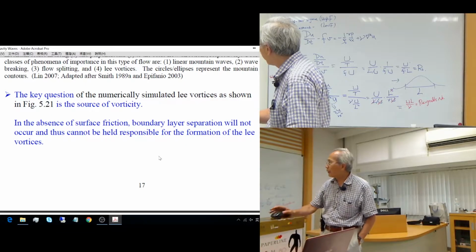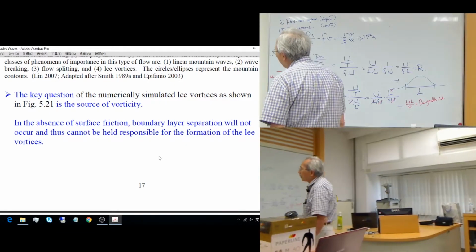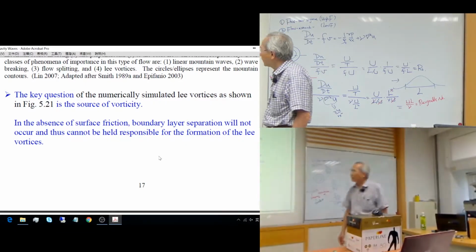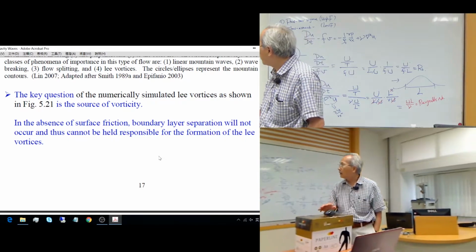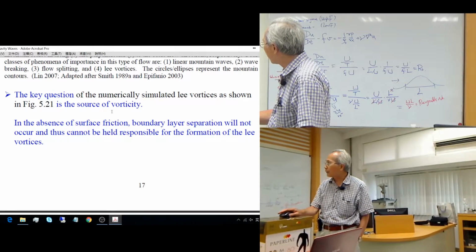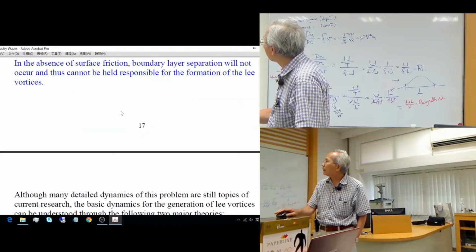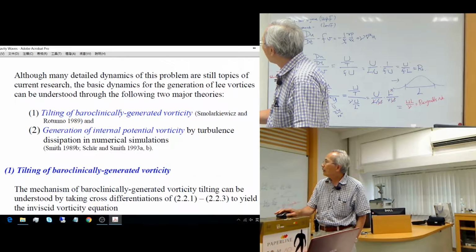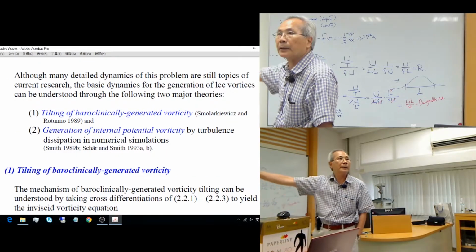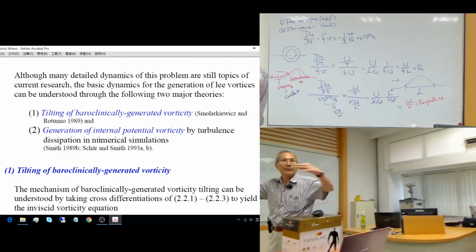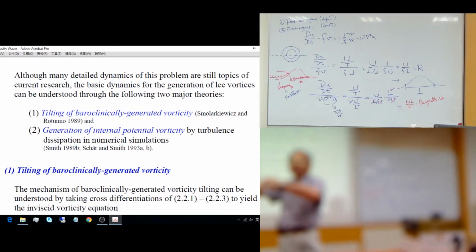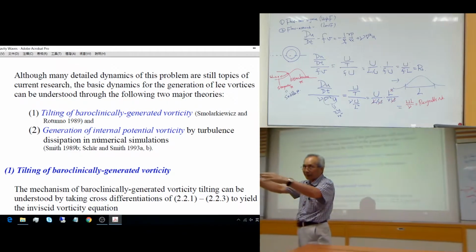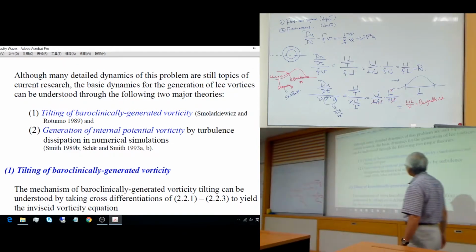Now the key question is why we have these vortices form without vorticity. What's the source of vorticity? There are two theories, and here is where the argument comes in, from different groups.